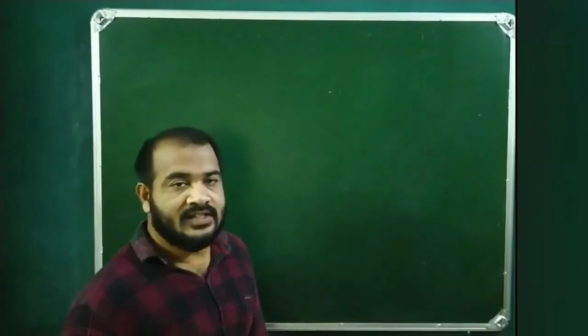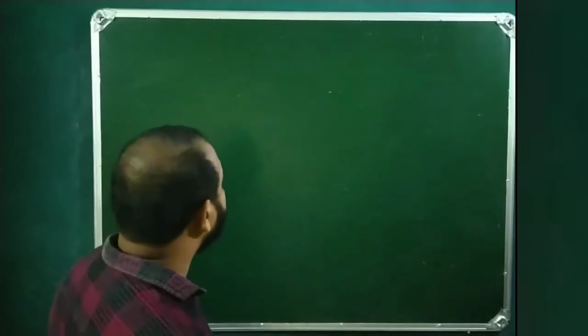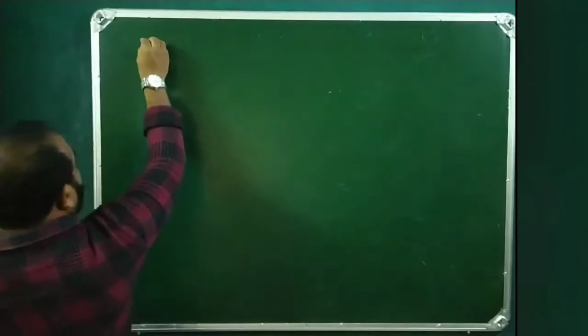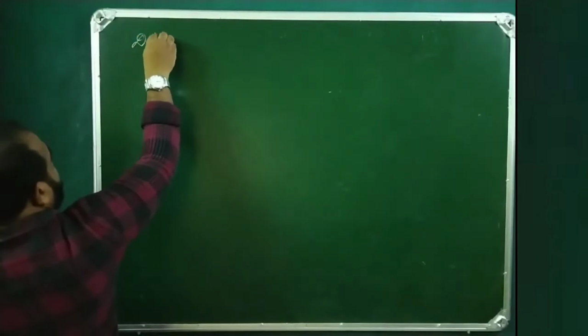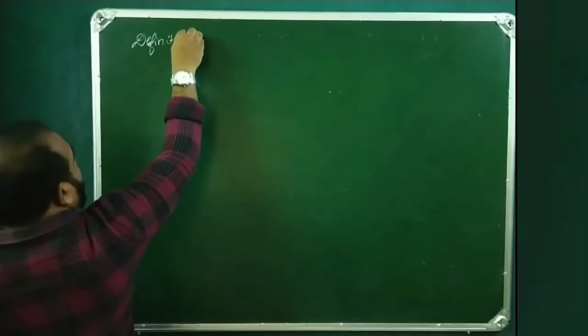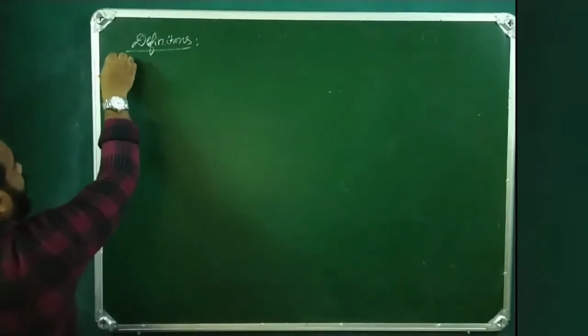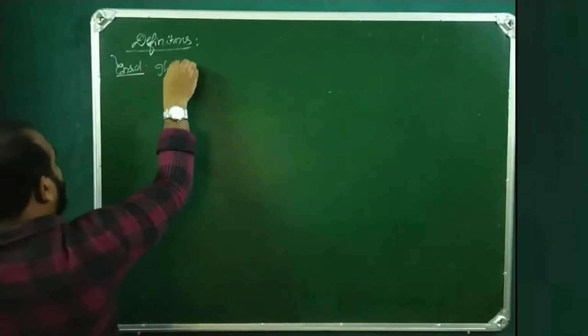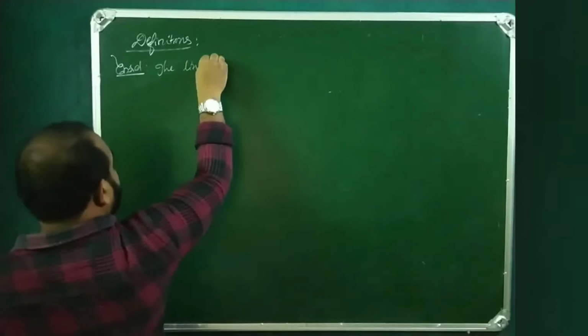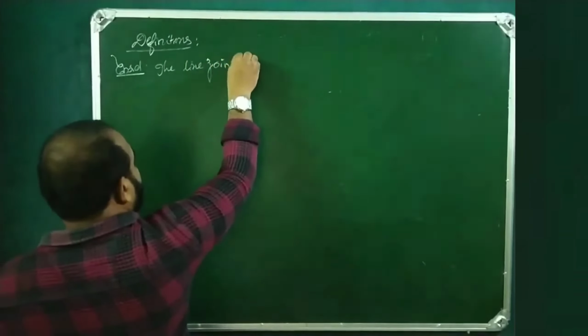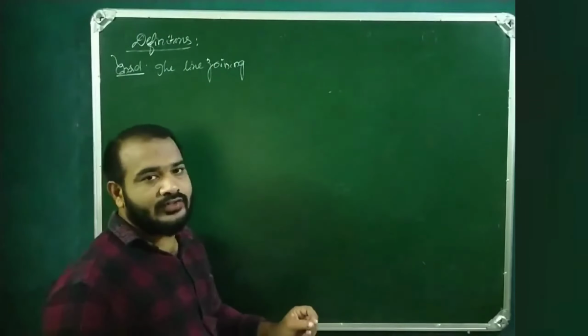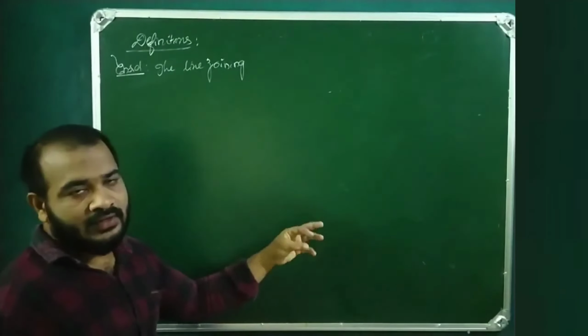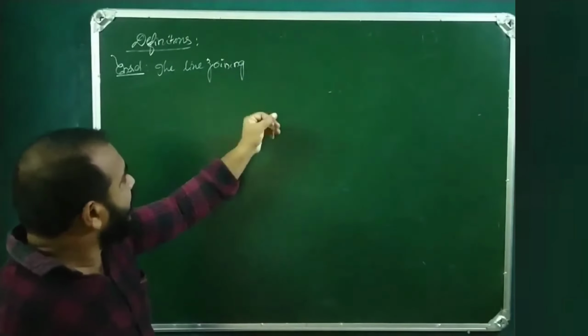Let us discuss some definitions of a parabola. First of all, chord. In conic sections also we have discussed all of them, but once again, let us see this.